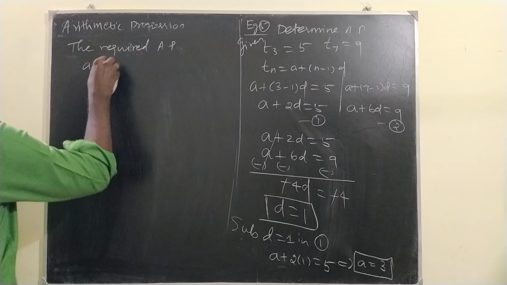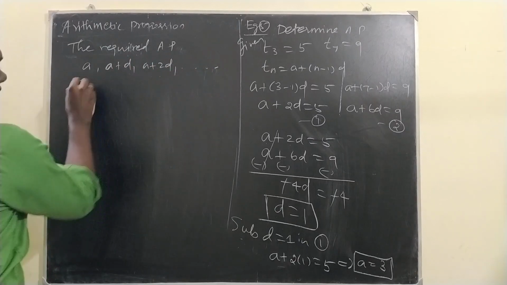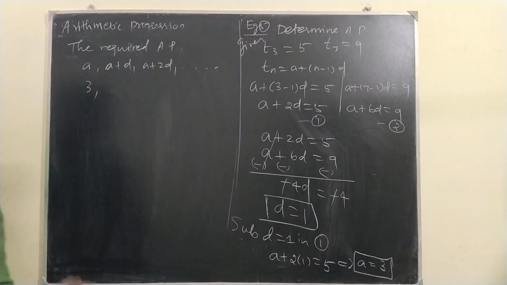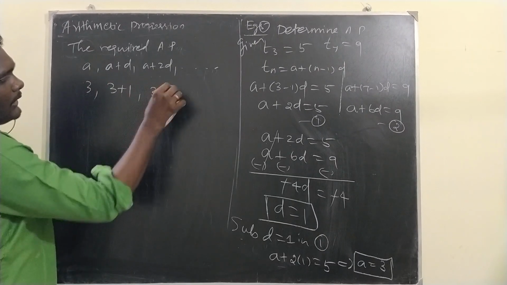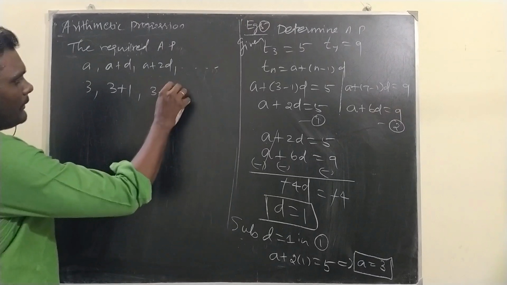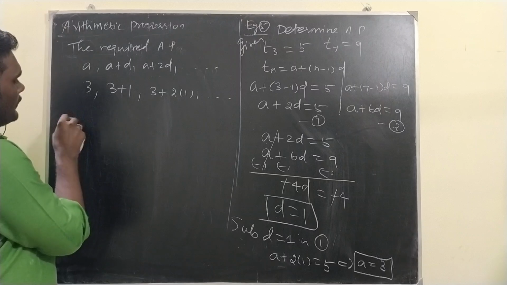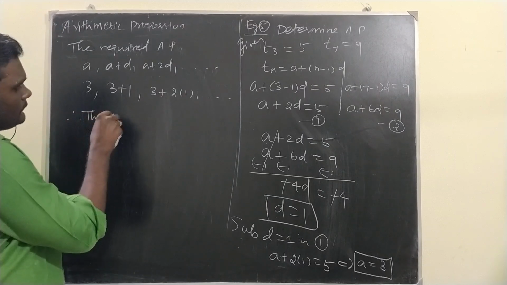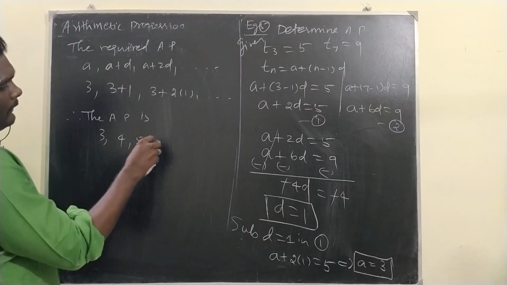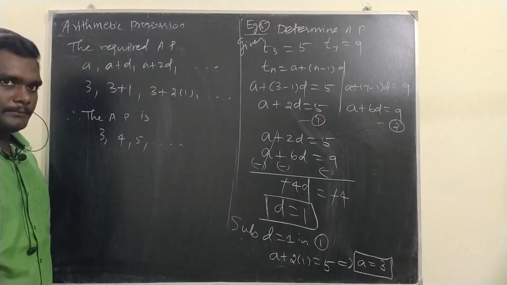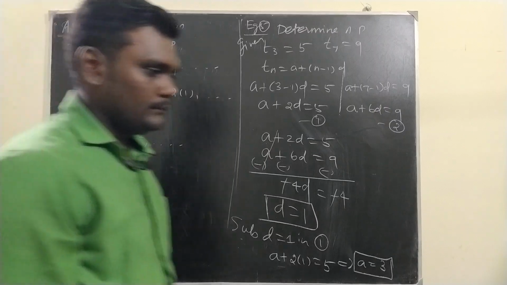Now A plus D, A plus 2D and so on. A is how much? 3. A plus D means 3 plus 1. A plus 2D, 3 plus 2 times 1 and so on. 3 terms you write, that is enough. So therefore, the AP is 3, 4, 5 and so on. Got it? Any doubts on this?